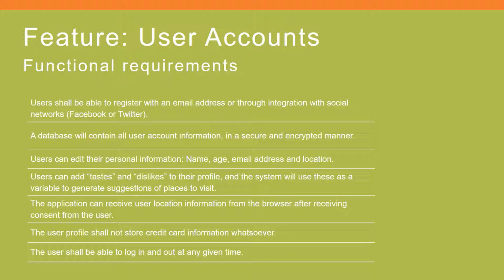Two, the database will contain all the user account information in a secure and encrypted manner. Three, users can edit their personal information, such as their name, their age, email address, and location, and they can also opt out of giving some of this information, perhaps the most sensitive information, such as age and location.